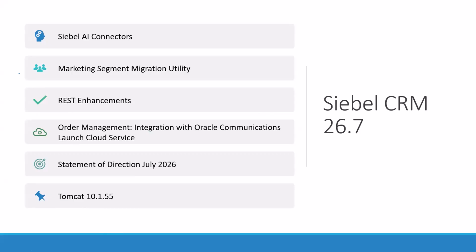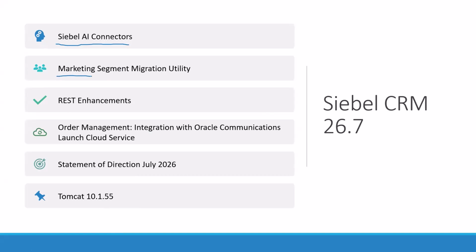All right. So yeah, here's the list, basically, what is in 26.7. You have probably heard about and pricked your ears at Siebel AI connector. So there has to be AI in it, otherwise it's not a valid release these days. And this one we'll take a closer look.